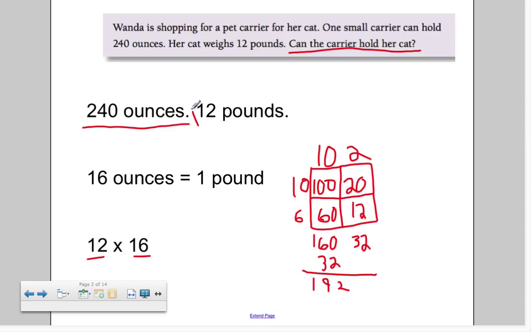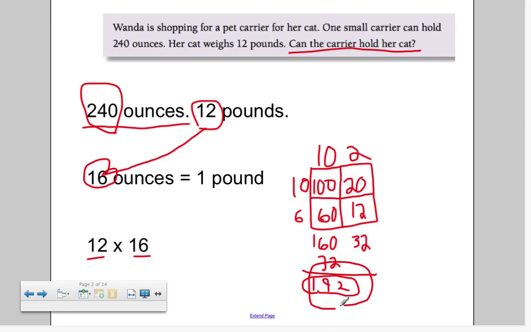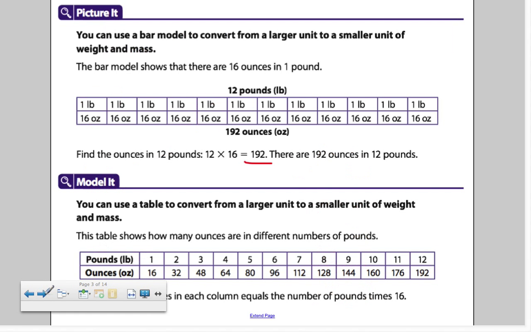After multiplying 12 pounds times 16 ounces, because that's the magic number, 16 equals 1 pound, 16 times 12, we got 192. The case can hold 240. The cat is only 192. So the case can hold more than the cat. So yeah, it's going to work out.